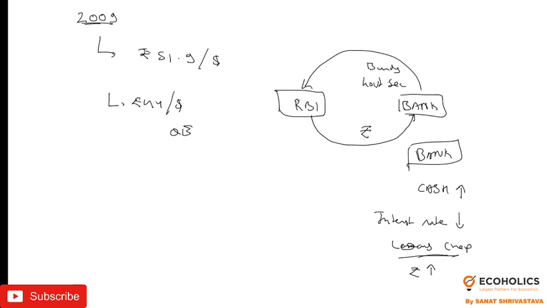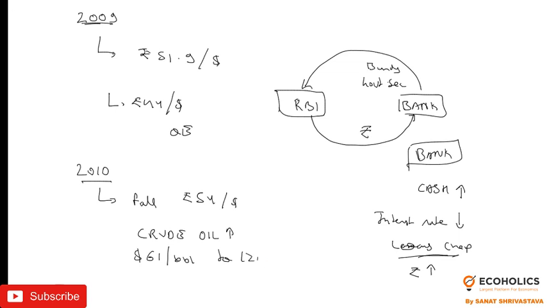But again, in 2010, it experienced a sudden fall. The rupee fell to around 54 per dollar, just because of the rise in crude oil prices. Crude oil prices rose from $61 a barrel to 120 plus a barrel, so you can see almost double.